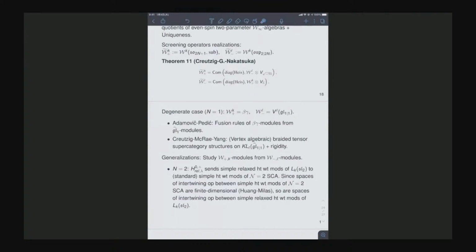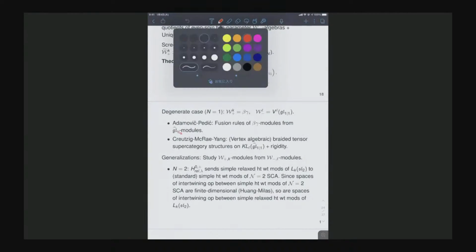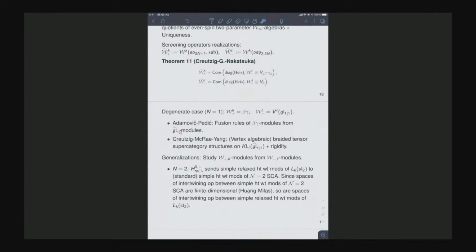For example, Naoki Genra considers fusion rules of beta-gamma modules using the fusion rules of affine GL(1|1). But in fact, the module category of the beta-gamma system is very difficult, while the modules of GL(1|1) are well studied by Creutzig–Ridout and relatively easy. So that's the reason why they use such a duality and determine fusion rules.